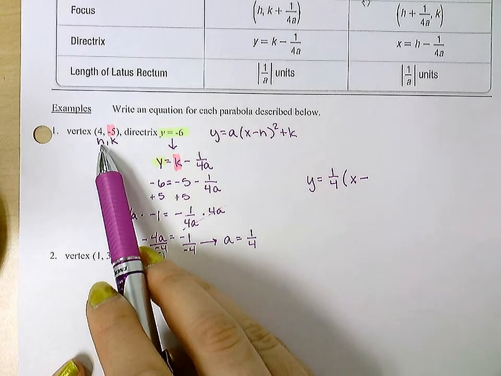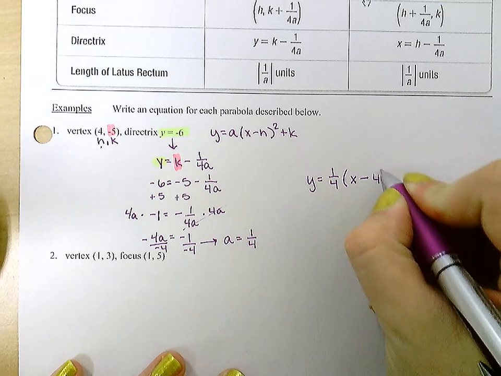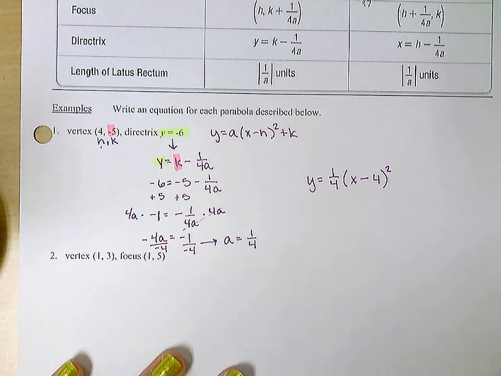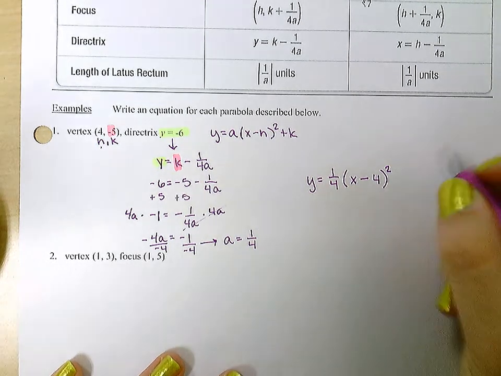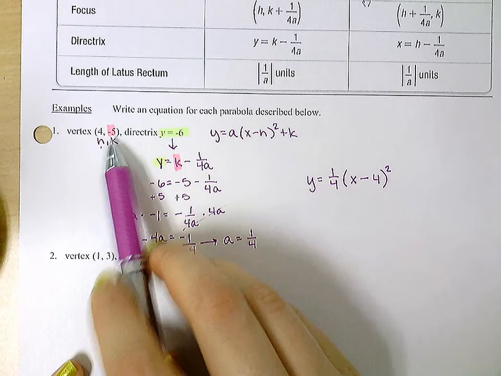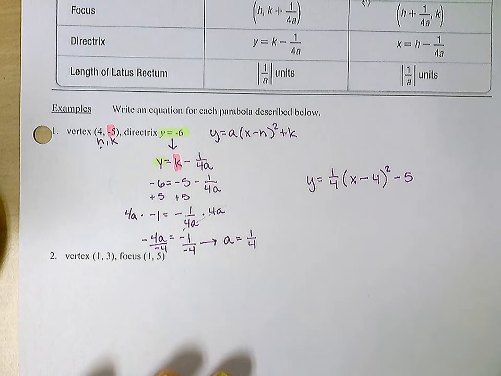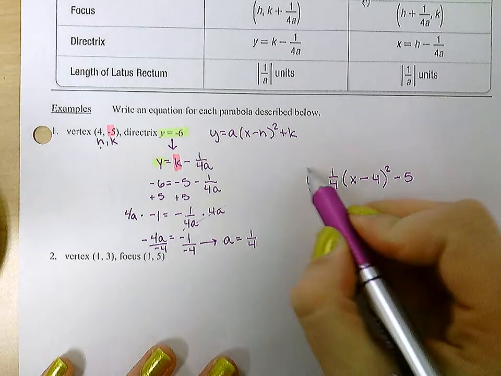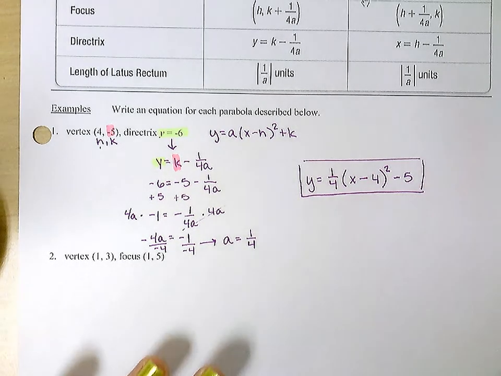Our h value we get from our vertex, that is 4. That quantity is squared. And then plus our k value, which is -5. So we can say -5, or you can say plus -5. That works as well. And that would just be the equation of that parabola.